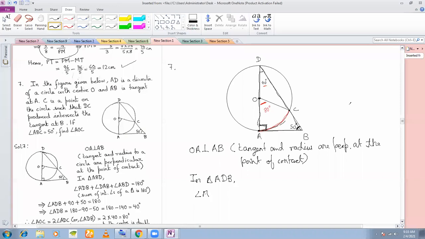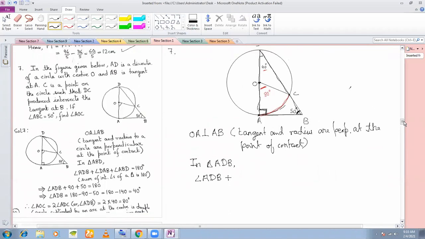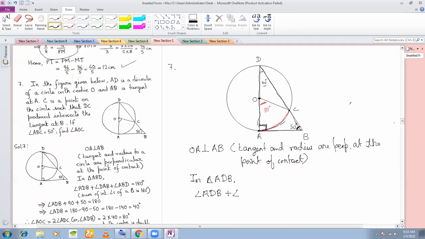The angle ADB, the unknown angle that we have to find, plus angle DAB plus angle ABD or DBA is equal to 180, sum of interior angles of a triangle is 180 degrees.